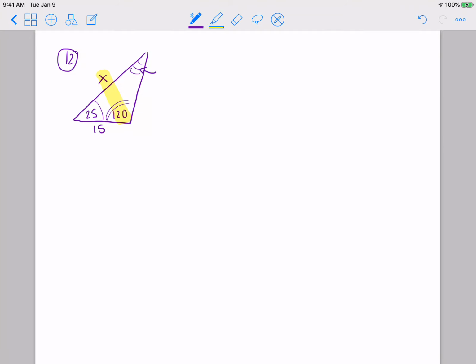You would notice that this angle right here is going to be 35 degrees. So we're going to use our 35 degrees and the number that goes across from it, which is 15. Set up your law of sine. Sine 35 over 15 equals sine 120 over x. You should get x is approximately 22.65.